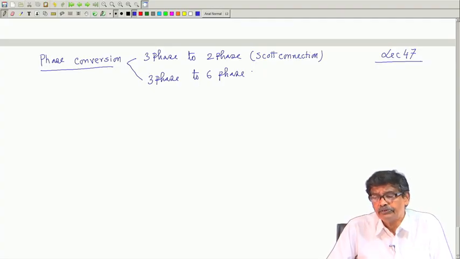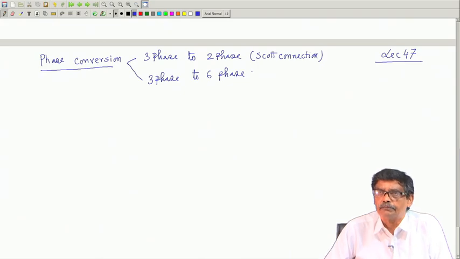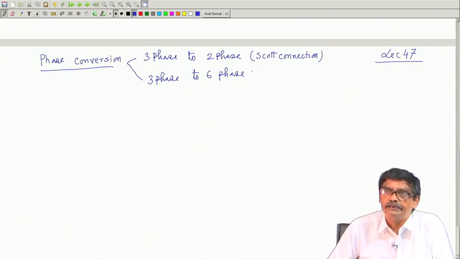Now, 3 phase to 6 phase conversion was used very much at a certain point of time. For example, we have 3 phase to DC conversion by using a diode bridge. You give a 3 phase supply and you get a DC supply.